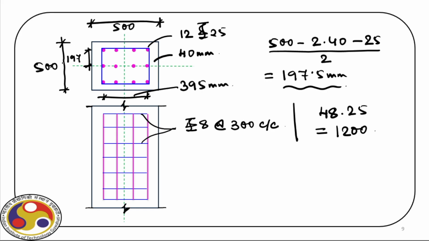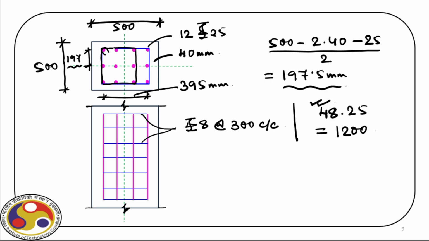So we have the spacing, which is 197 between the two longitudinal bars, which is within this 48 phi. Then now we have to provide the lateral tie. So what we'll do, we'll provide one lateral tie, which will go like this, and we will anchor it here.